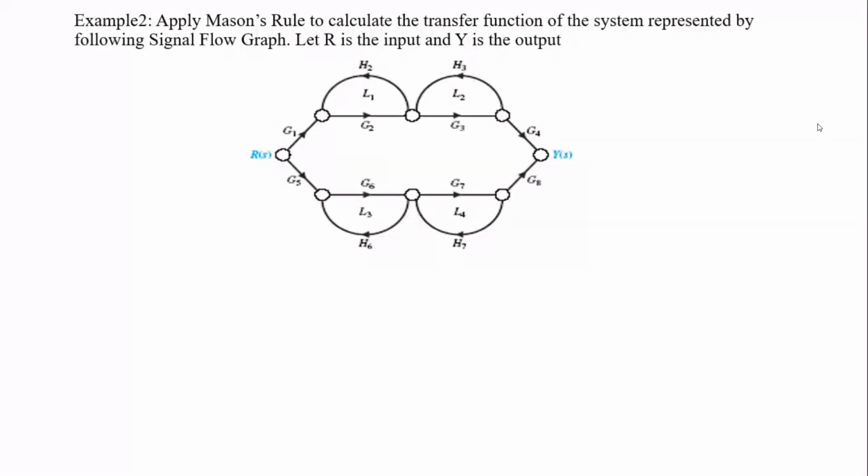G1, G2, G3 and G4 is one forward path. The second one is G5, G6, G7, G8. Any other forward paths possible?